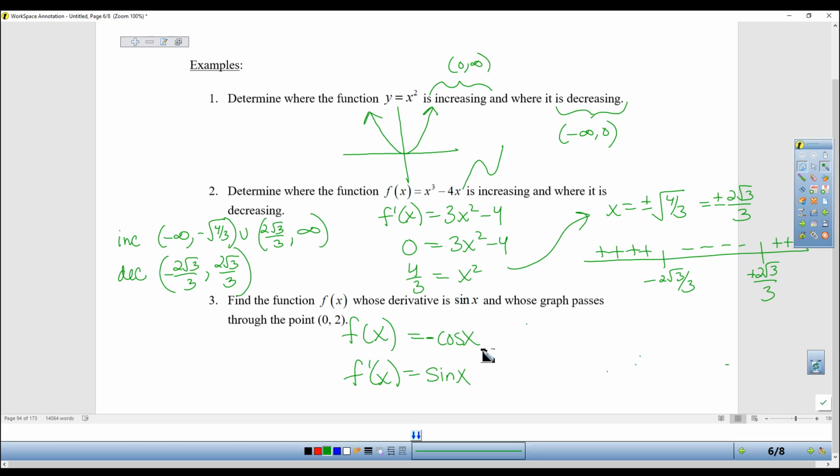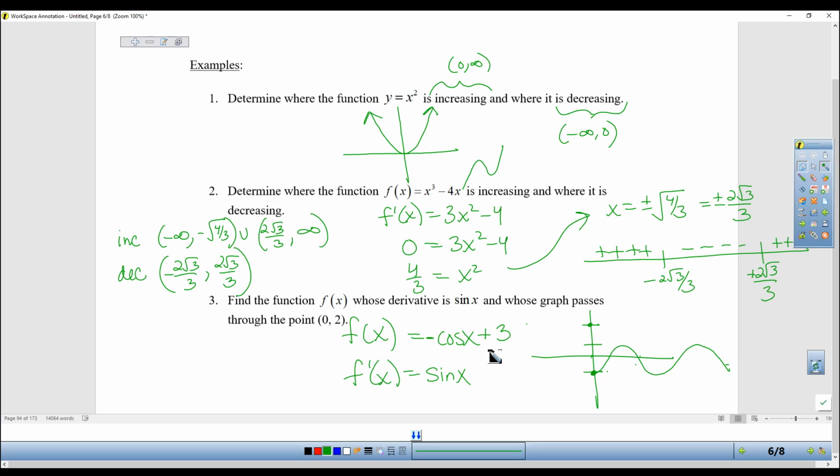But now it says, and whose graph passes through the point 0, 2. Well, we know that negative cosine actually starts down here at negative 1. That's what negative cosine looks like. So how would it get to 0, 2? If it had been moved up 1, 2, 3. So this must be the original function.